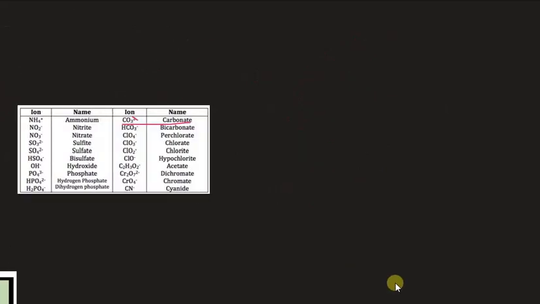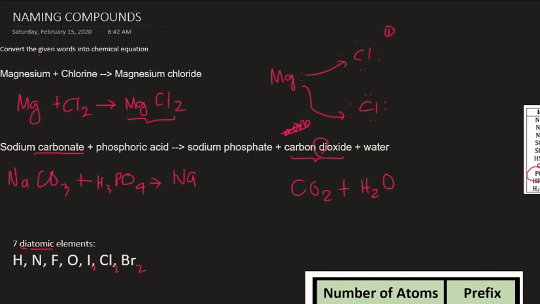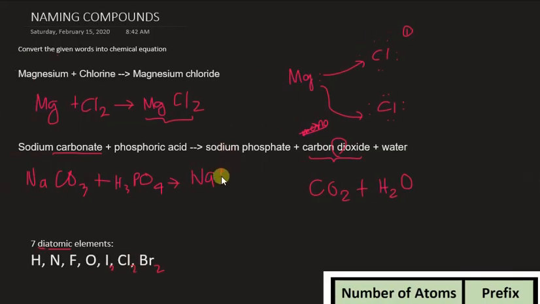The phosphate we have here is PO4. This 3 is the charge, but again, do not copy the charge of the ion. And so you have PO4. So sodium phosphate is Na PO4.